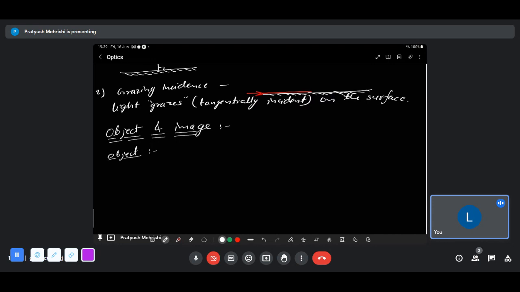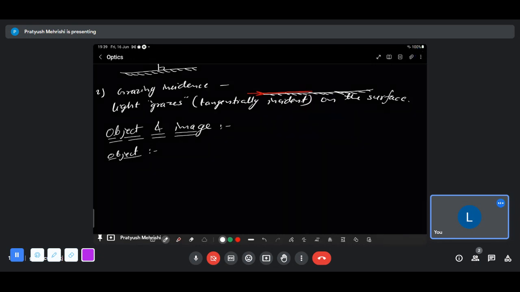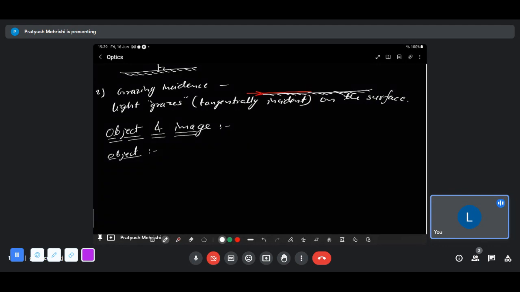So anything that we are seeing is called an object. No, no, no. In physics, an object is not a thing, and especially in optics, it is not a thing. In optics, see, what is an object? An object is a thing from where the incident light rays are coming, is it not?